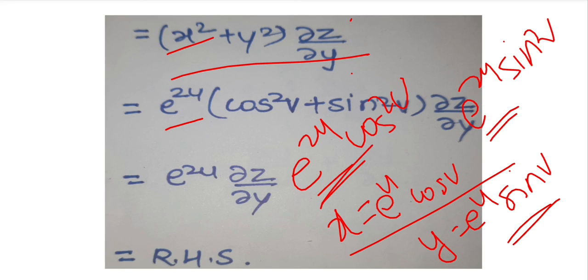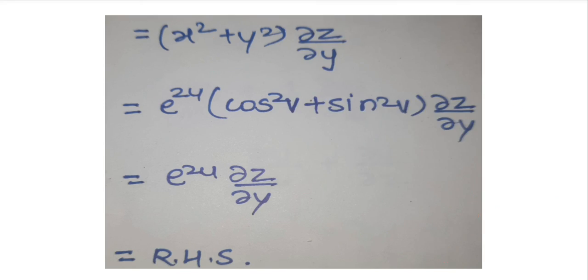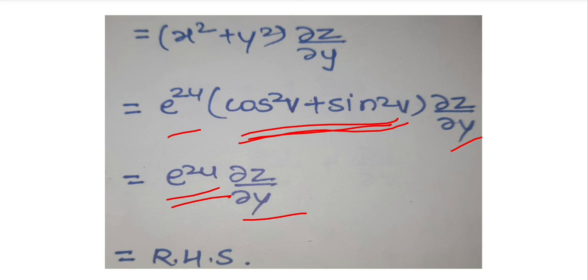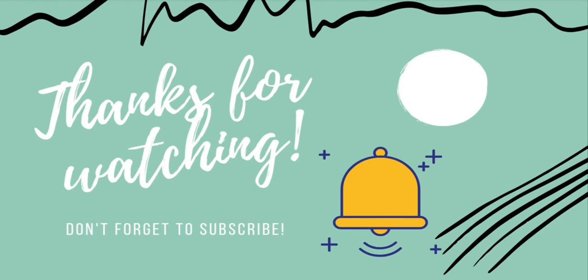From both the terms we took e^(2u) common. So e^(2u)(cos² v + sin² v) ∂z/∂y. By the golden rules we can write that cos² v + sin² v = 1. So we get e^(2u) ∂z/∂y. That is our RHS. So that was our first example.